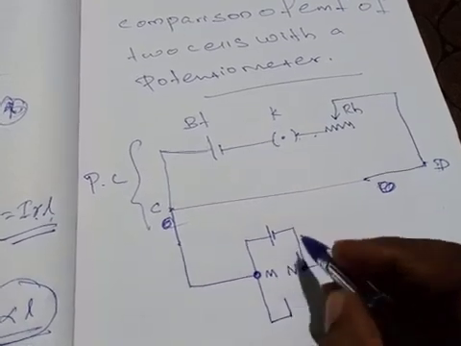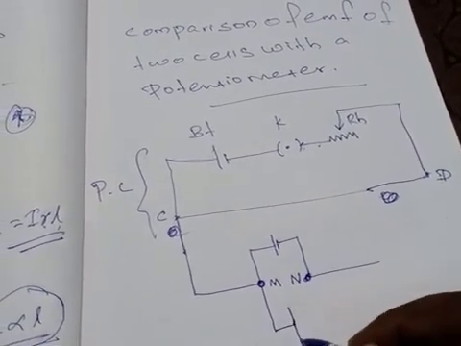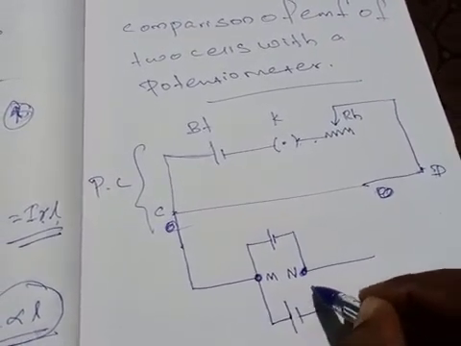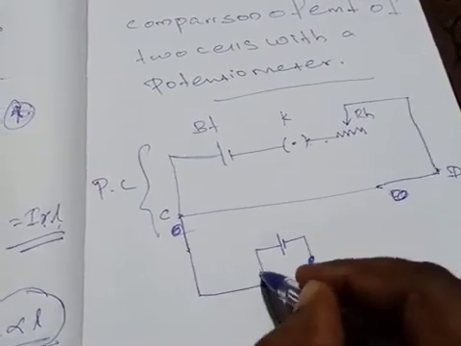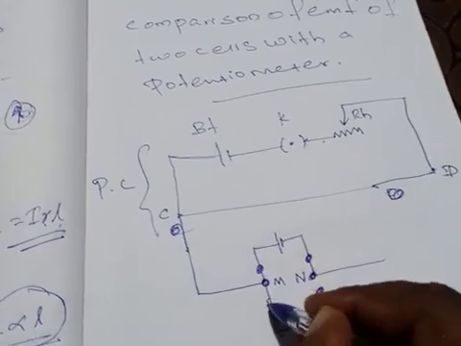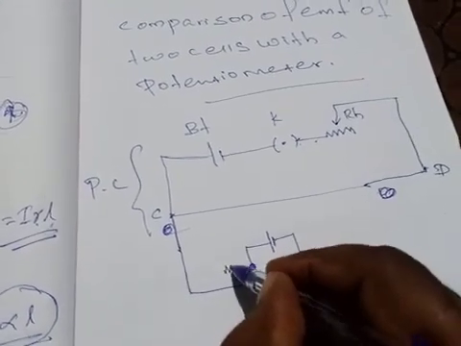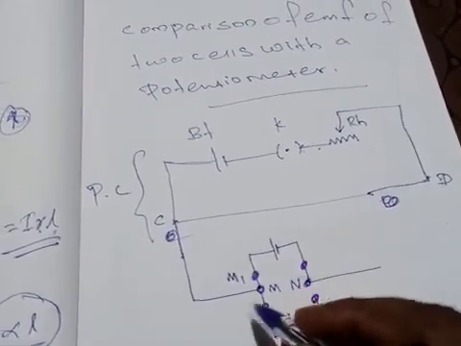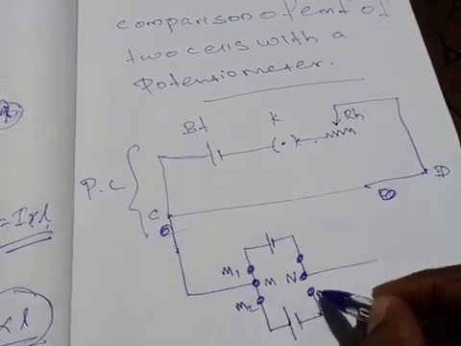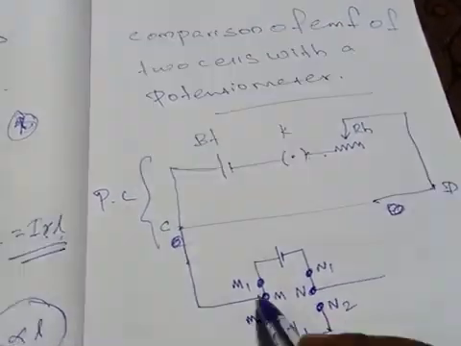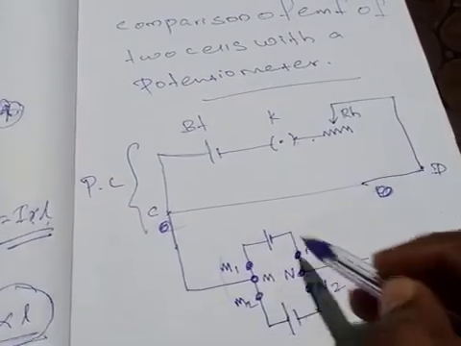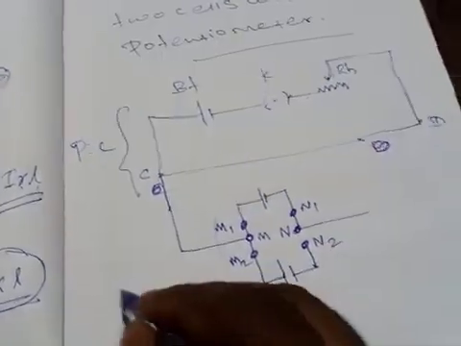Actually 6 points will come, like this. So this is M1, this is M2, this is N1, this is N2. Actually this is a DPDT switch.